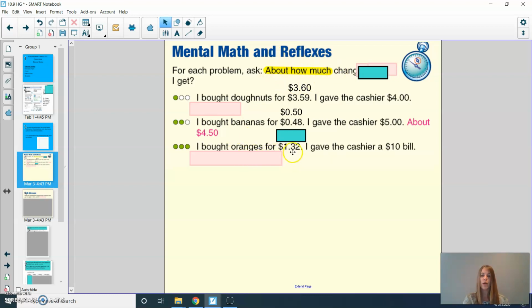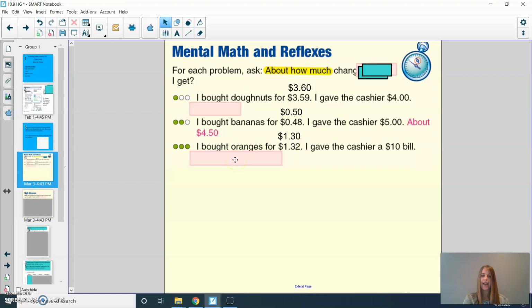I bought oranges for $1.32. I gave the cashier a $10 bill. So round $1.32 to the nearest 10 cents, and then tell me how much change you would get. Press pause and then play to hear the answer. I would round that to $1.30.